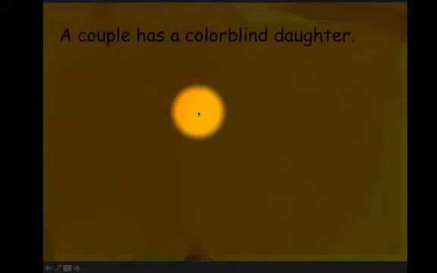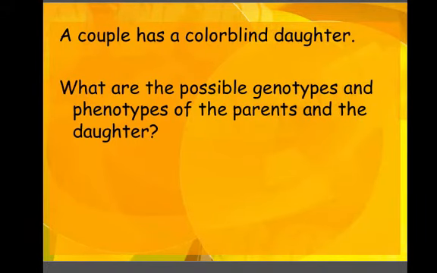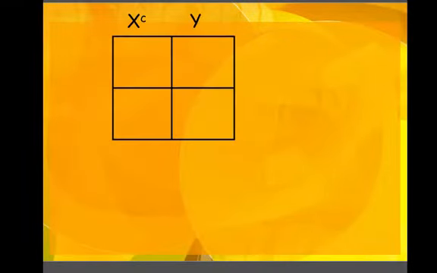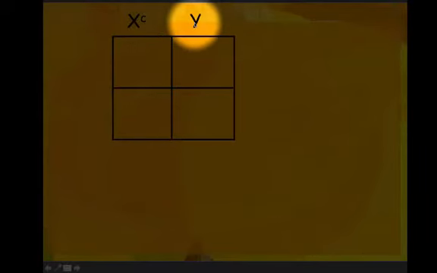A couple has a colorblind daughter. What are the possible genotypes and phenotypes for the parents and the daughter? Well, if the daughter is colorblind, it means she had to get a recessive allele from mom and a recessive allele from dad. Therefore, we know that dad's genotype must be XcY.